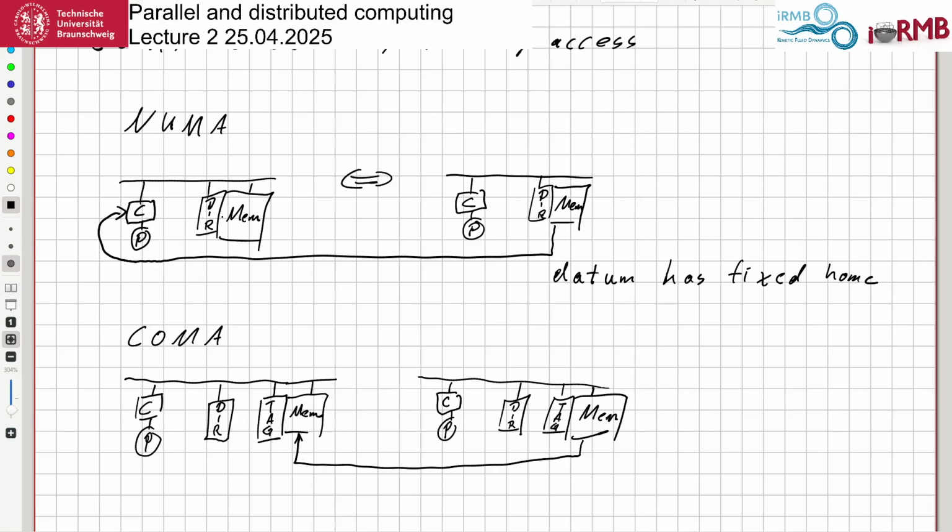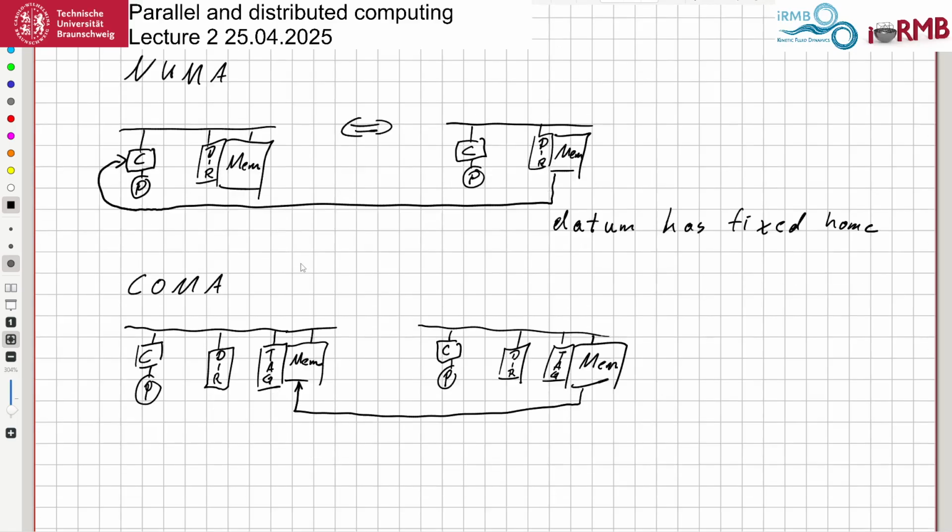What we do is that when the datum is used, the datum migrates to where it is needed. Then we have to have an additional directory because we also have to see where it has moved to.